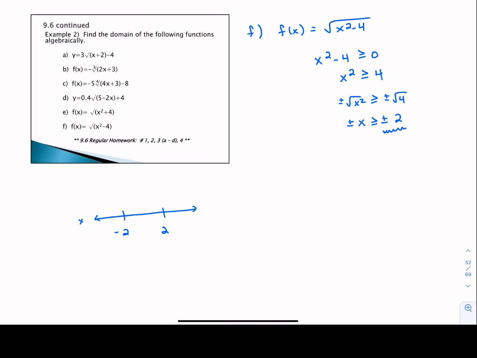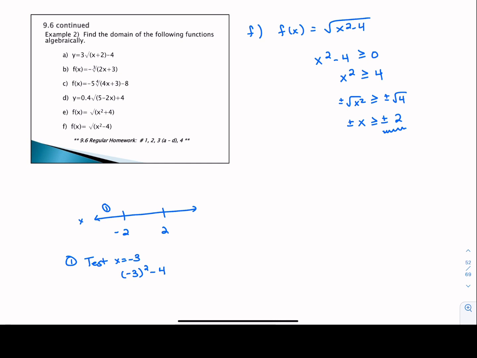We're going to choose a value of x that is somewhere between negative infinity and negative 2, and we're going to see if overall we get something positive. So let's test x equals negative 3. This is our first test interval. If we test x equals negative 3 in our inequality, we get negative 3 all squared minus 4.